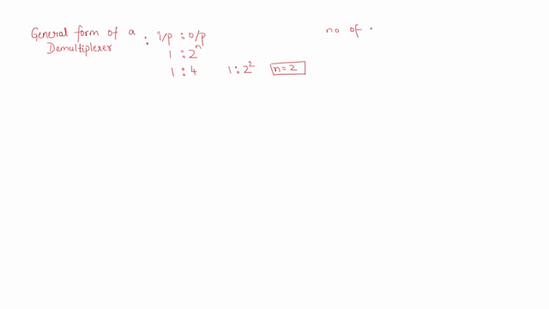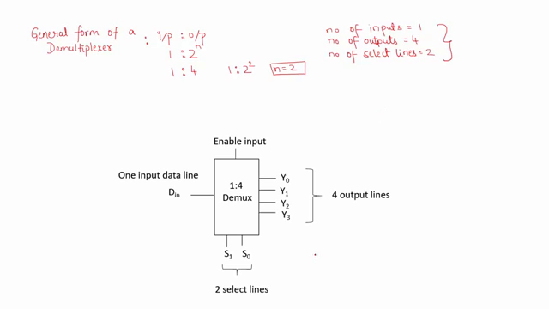So the number of inputs will be 1, number of outputs will be 4 and number of select lines will be 2. By using this information, we can draw the block diagram of the demultiplexer. So this is the block diagram of a 1 to 4 demultiplexer.